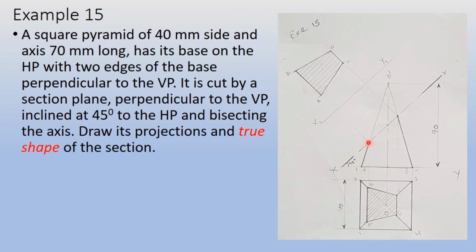We can draw this true shape by taking the projections perpendicular to the cutting plane, cutting line, and it should be drawn in a plane called auxiliary plane. This is our auxiliary plane. That is why I have mentioned here x1, y1, as we have already seen.